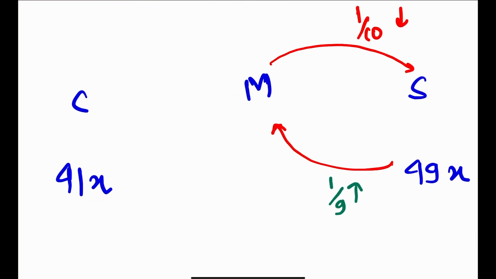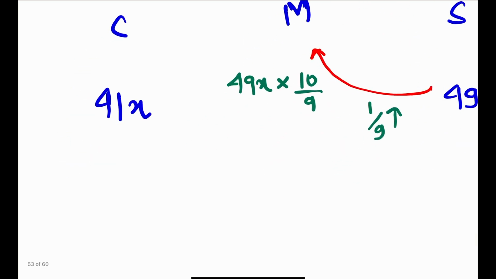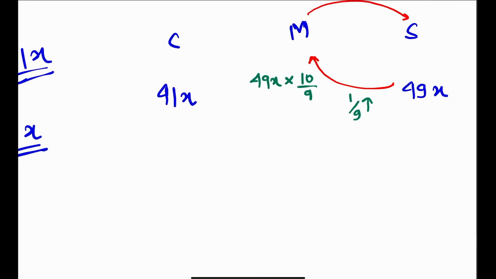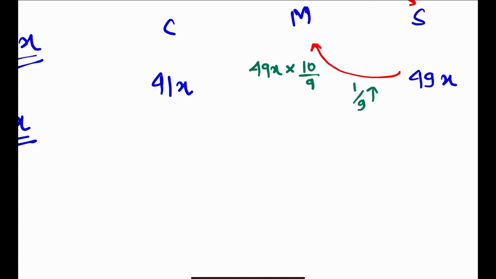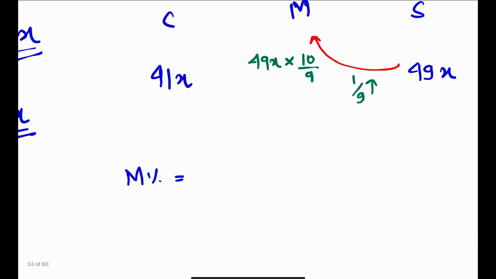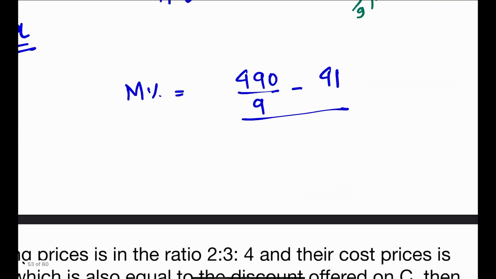So my mark price will be how much? 49x into 10 by 9, right? So now I need to just calculate this value for the markup percentage. Markup percent is mark price minus cost price, divided by cost price, into 100: 490 upon 9 minus 41, divided by 41, into 100.